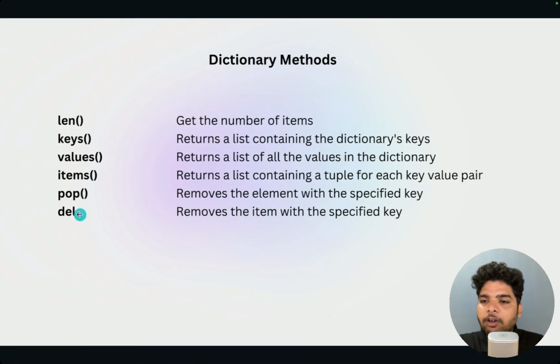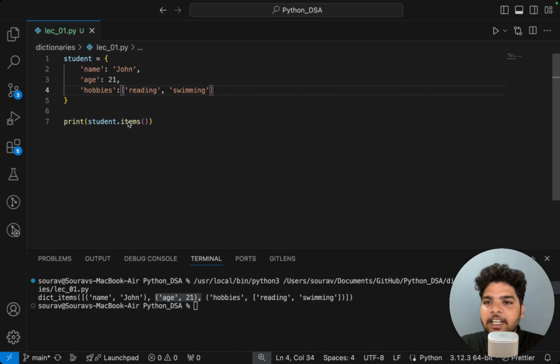Now what is our next method? Our next method is the pop method. Pop removes an element at a specific key. Let's say I want to remove this age from the dictionary, or let's say I want to remove the name key. How can I do that? To do that, we have this pop method.